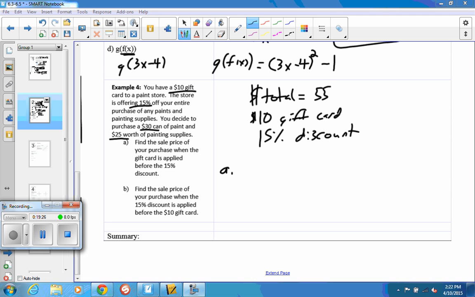So I want to take away the gift card, and then apply the discount. So, $55 is my total. How much is my gift card? 10.